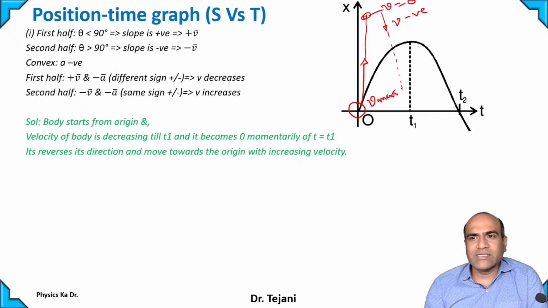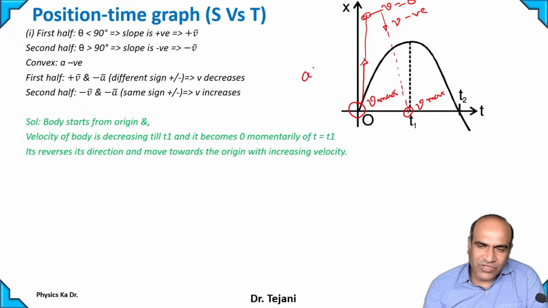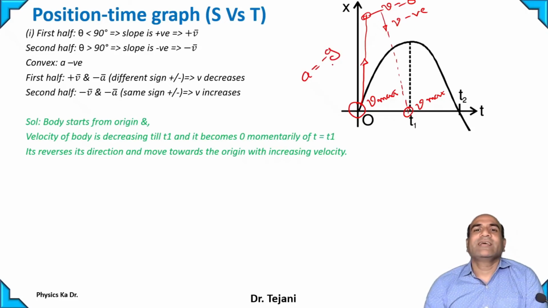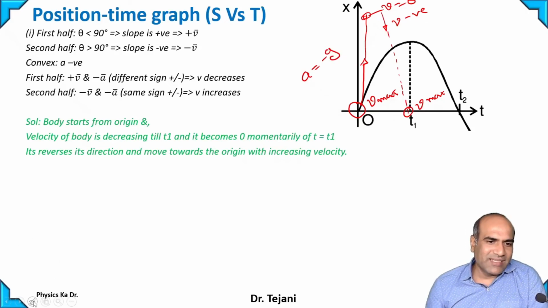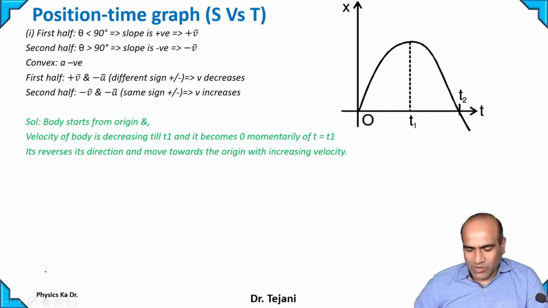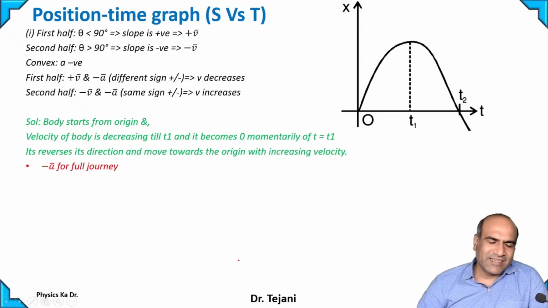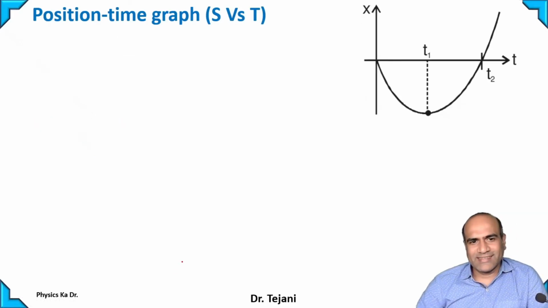The negative velocity increases, and when it strikes the ground, the negative velocity is maximum. And here acceleration is equal to minus g. It is the same example I'm talking about. Isn't it nice?